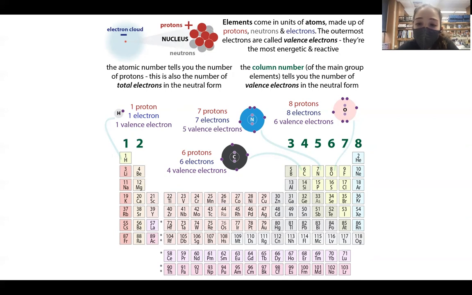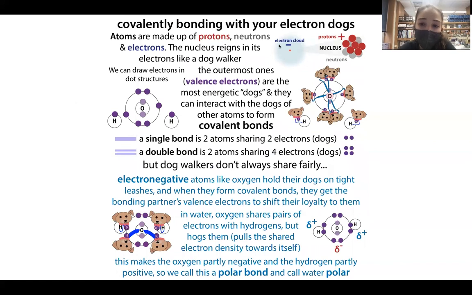So it's a proton. And atoms join up to form molecules by sharing pairs of electrons to form covalent bonds. Remember, we talked about this as like dog walkers. The protons are positively charged, and they kind of have this leash, reining in those negatively charged electrons.